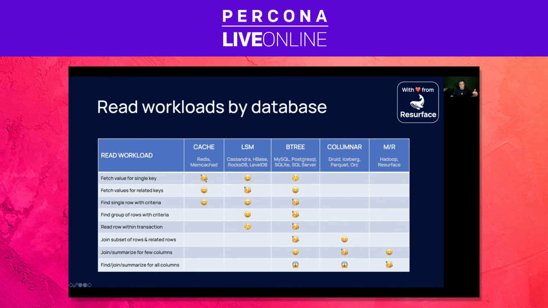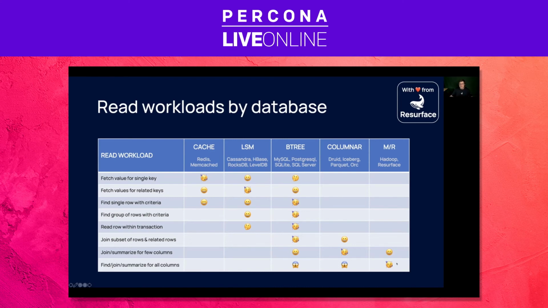You know that caches are tremendously good at just grabbing one thing, grabbing one thing, grabbing one thing. The B tree databases are the kings of indexes. They're the kings of joins. We know that columnars, where you're pulling back just a few columns at a time, can be really amazing. Then there's stuff like MapReduce, where you can do almost anything, but the number of IOs that you're talking about doing with MapReduce is enormous.